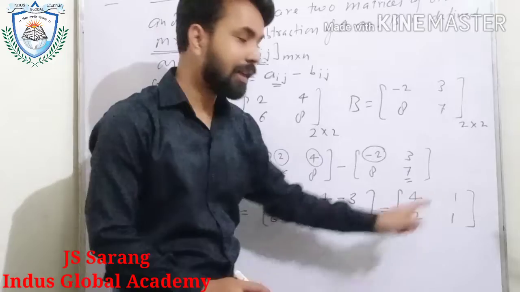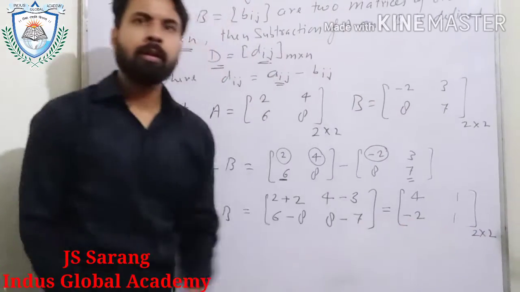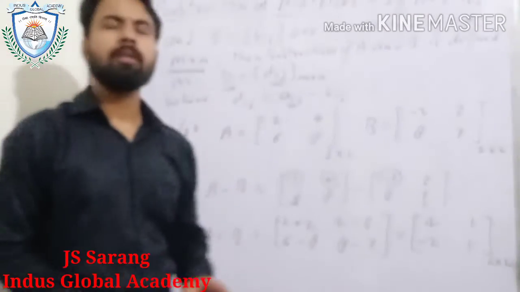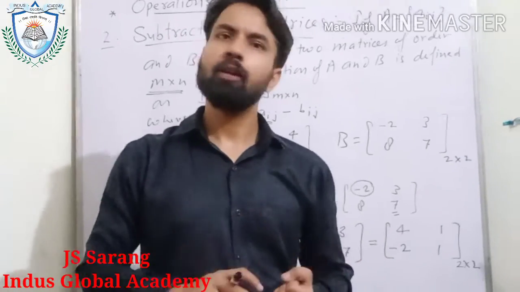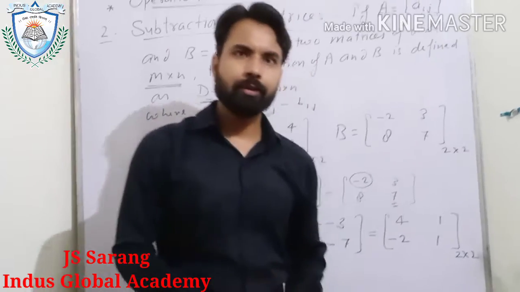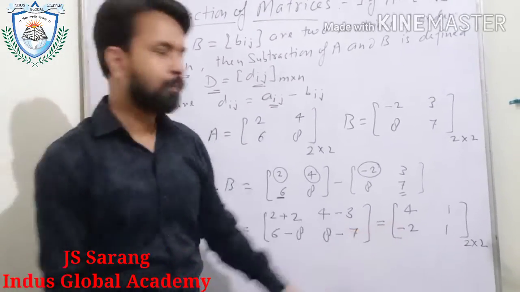The order of this matrix is 2 by 2. Understood? So what do we have to remember here? The order of both the matrices should be the same for addition of matrices and subtraction of matrices. Understood? Hope it is clear to all? Good.